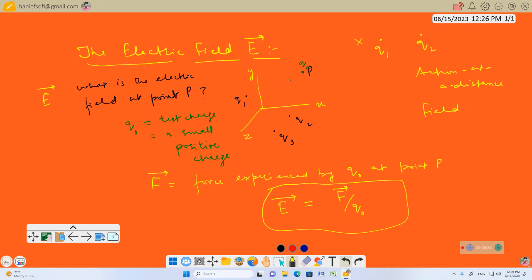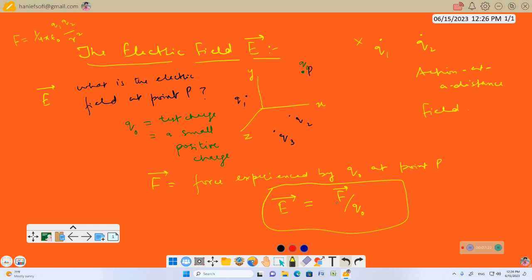In Coulomb's law, you know, if we have two charges Q1, Q2 separated by distance r, then the force between them is 1 by 4 pi epsilon naught Q1 Q2 by r square. So when you find the force between Q naught and the source charges, that will contain Q naught.